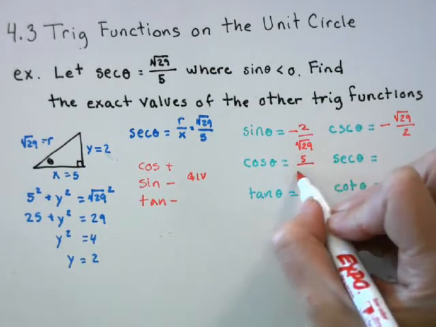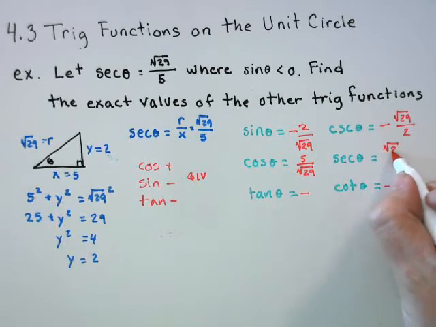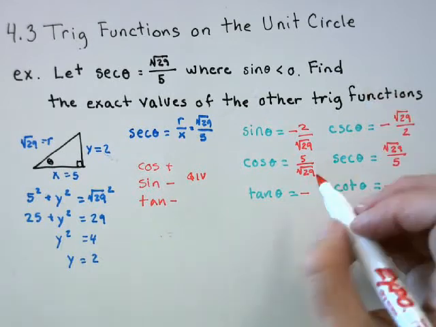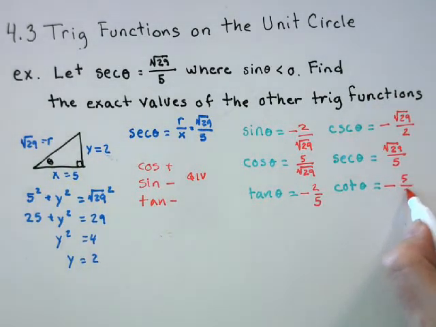Cosine is going to be 5 over root 29. Secant we already know. And then tangent's going to be the y over the x, so a negative 2 over 5. Cotangent is going to be the reciprocal.